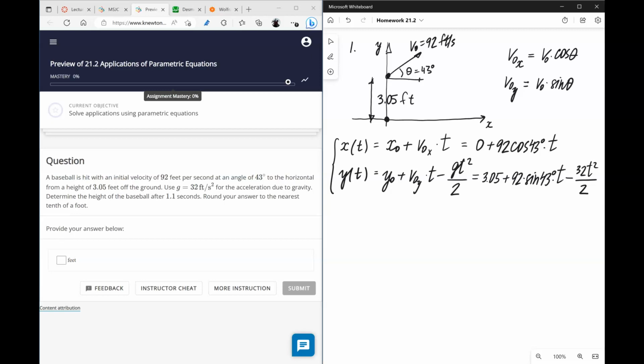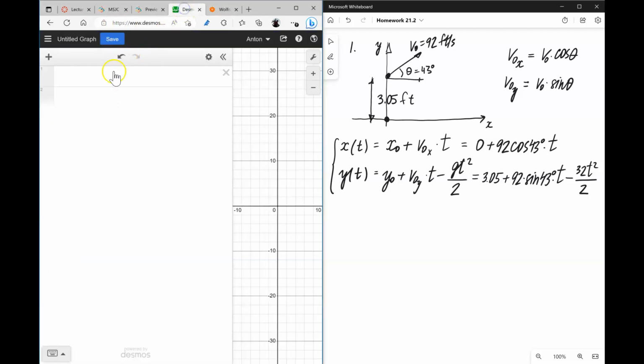It would be totally appropriate for us to become curious and to graph it. So x coordinate is 92 cosine, and here I need to check something. What's cosine of 43? We need to convert it to radians, right? So cosine of 43 divided by 180 times pi.